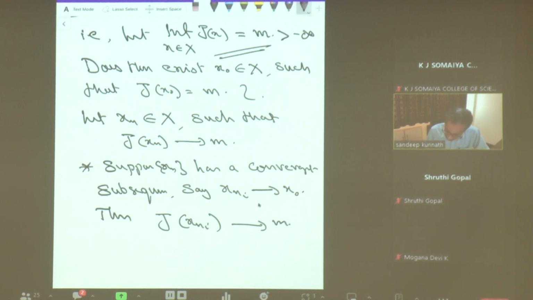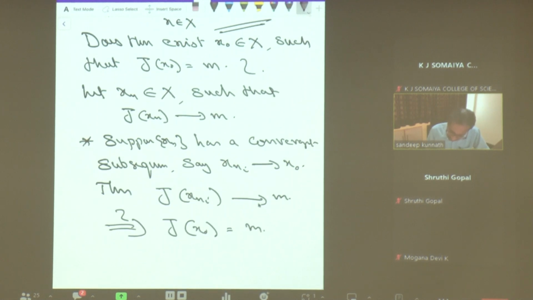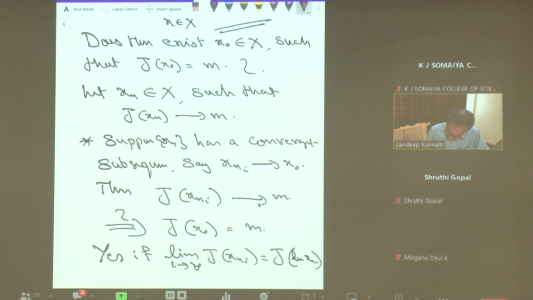So does this imply that J of x naught is M? For that, what we needed is that the limit as i goes to infinity of J of x n i is equal to J of the limit of x n. That is, if J is continuous at x naught.